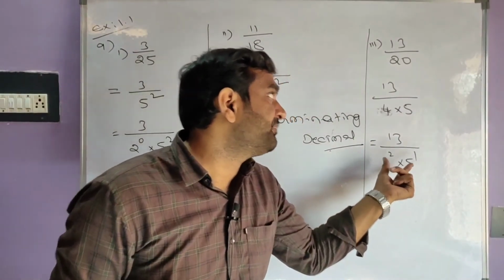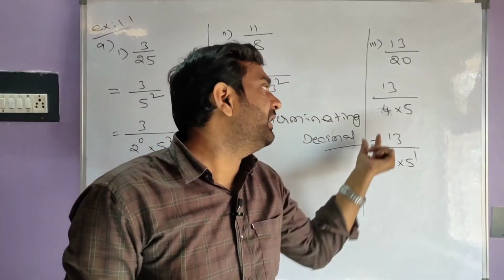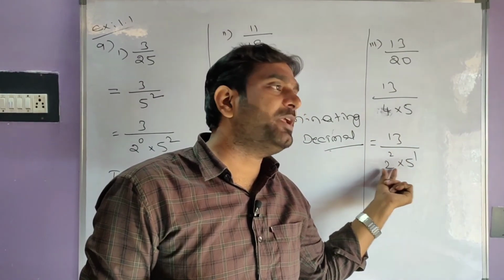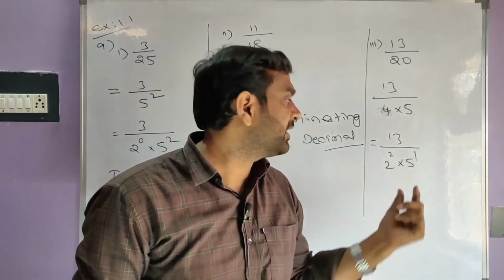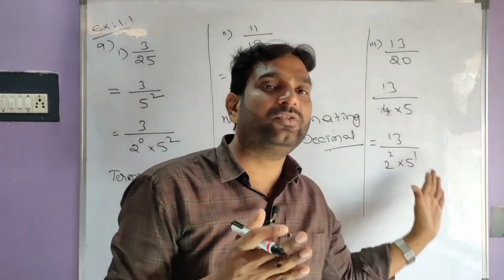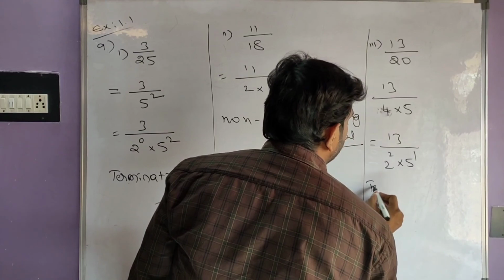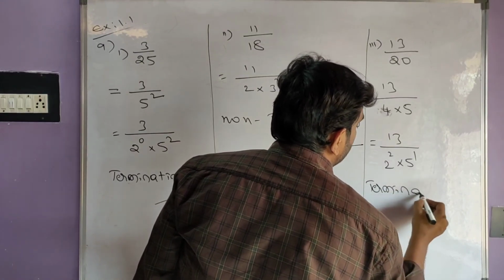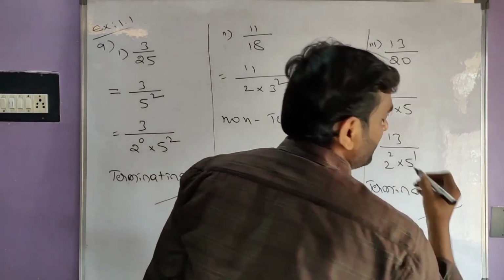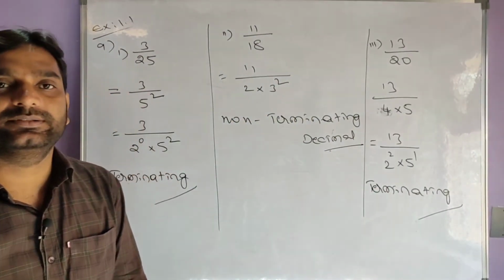Now tell me, 13 and 20 are both co-primes, and 20 can be written in the 2 power m into 5 power n form. If you write the denominator in the form of 2 power m into 5 power n, then the given decimal is terminating. It's terminating. Hope you understood.